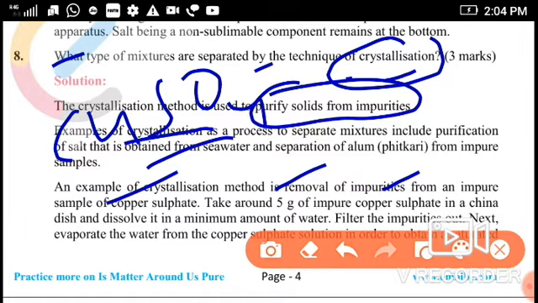First we heat the mixture to the saturation level, and then the impurities separate out, and then we cool the mixture and we get pure crystals of copper sulfate in solid form. This is the crystallization method.